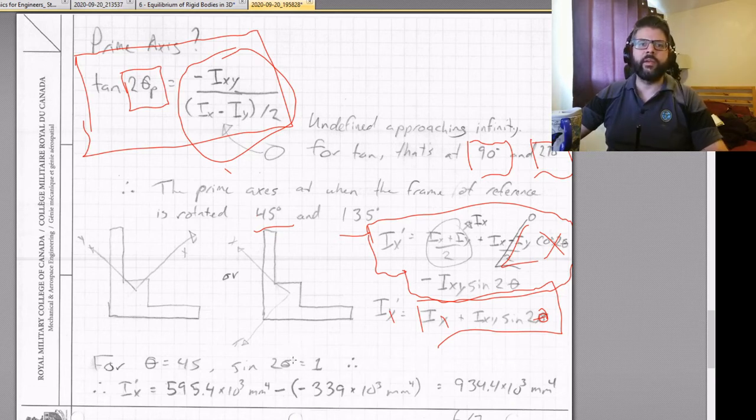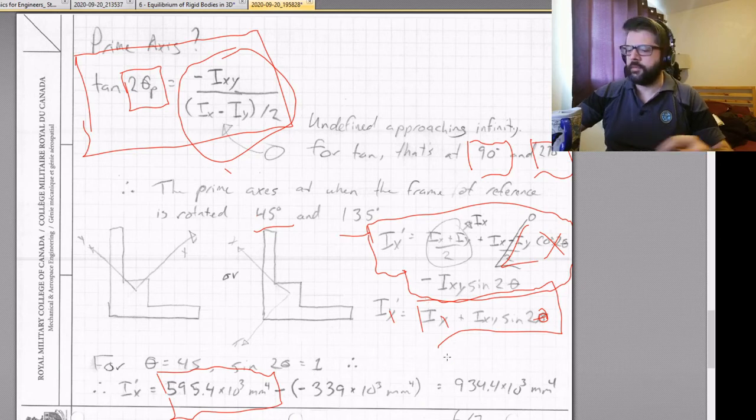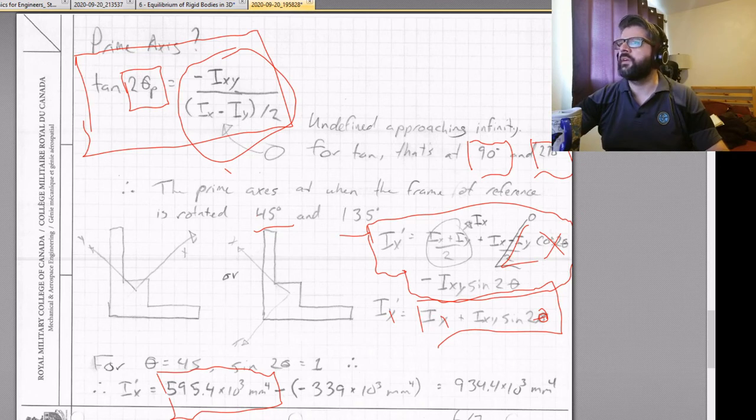The sine of 90 degrees is 1. So that gives us our Ix' with the 45-degree rotation. Oh, just one second here. When I said this was supposed to be a y, that was me being wrong.